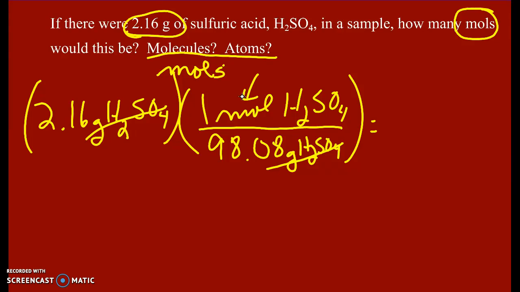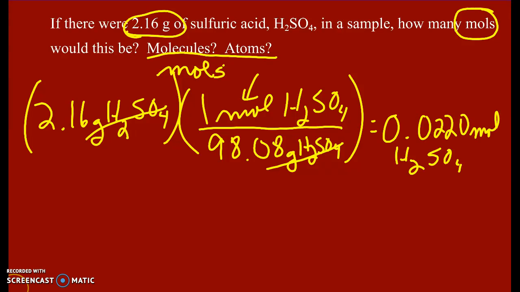And when I do that division, 2.16 divided by 98.08 gives us 0.0220 moles of sulfuric acid. Notice how I'm labeling everything. I'm not just saying grams, I'm saying grams of sulfuric acid, moles of sulfuric acid. Please be very diligent about your labeling.